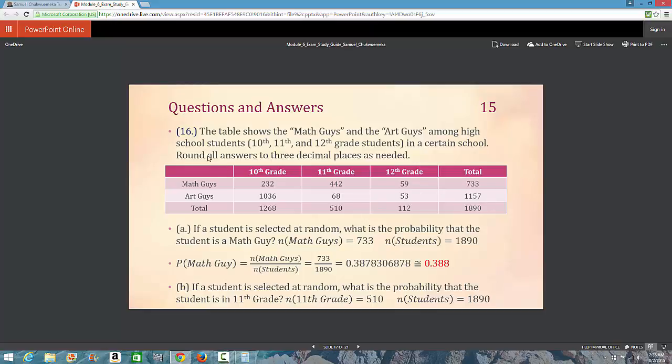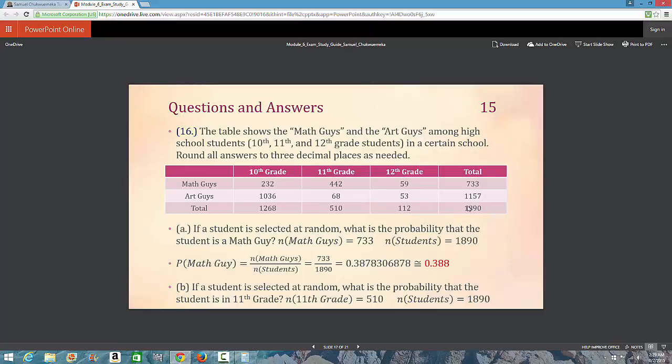It's good if you add up all this, it gives you this. You add up all this, it gives you this. You add up this, we have 1,268 10th grade students. We have 510 11th grade students, which include both the math guys and the art guys. And we have 112 12th grade students.